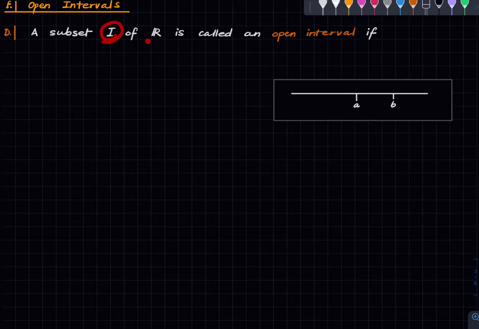So a subset I of R is called an open interval if there exist real numbers a and b such that I is of this form.